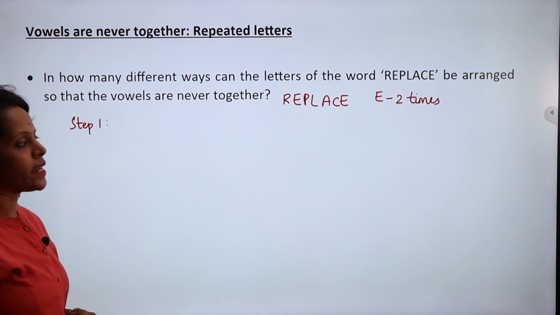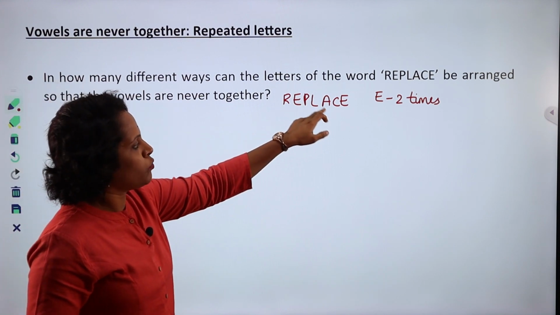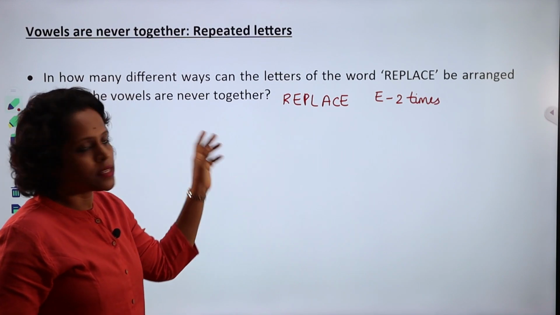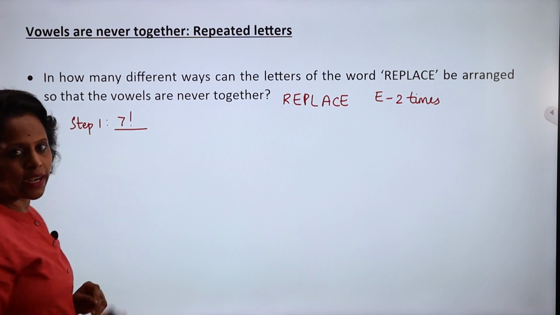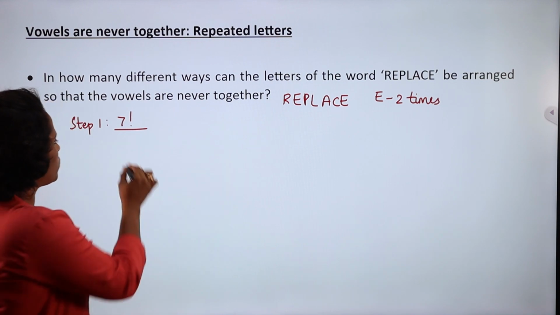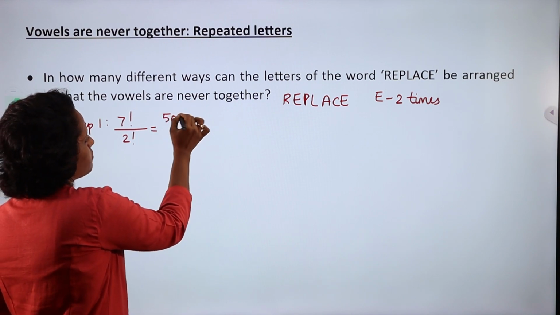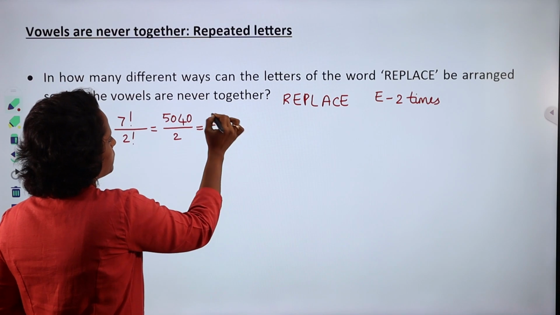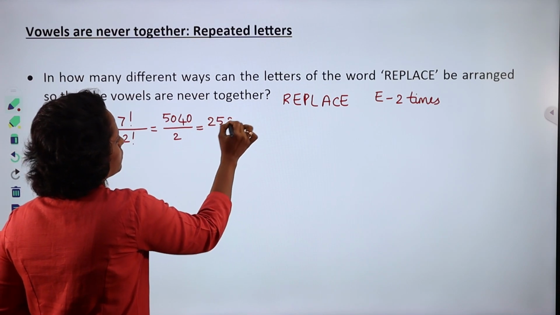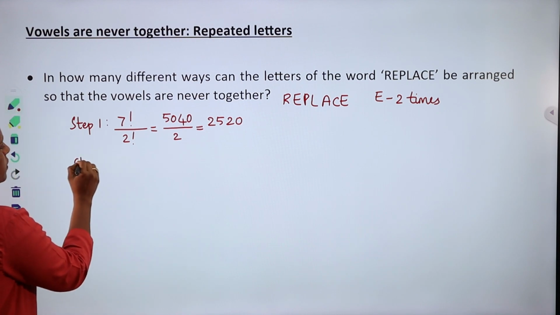Total number of words that can be formed using the letters of the word replace. 1, 2, 3, 4, 5, 6, 7. We have 7 letters. So it will be 7 factorial divided by E is repeated 2 times. So we get 2 factorial, which is 5040 divided by 2. This is 2520. Next, step 2.